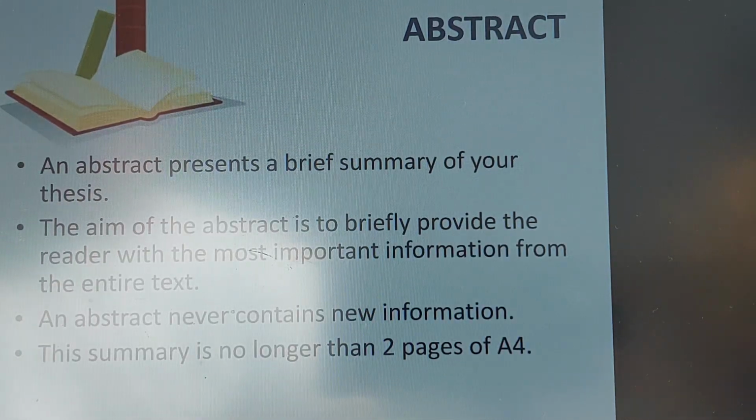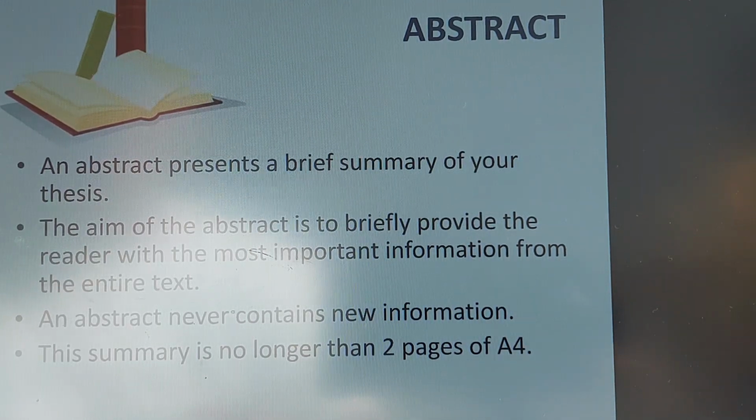Then the abstract. An abstract presents a brief summary of your thesis. The aim of the abstract is to briefly provide the reader with the most important information from the entire text. If it is thick, don't make the abstract thicker. I think an abstract of 250 to 300 words is enough.